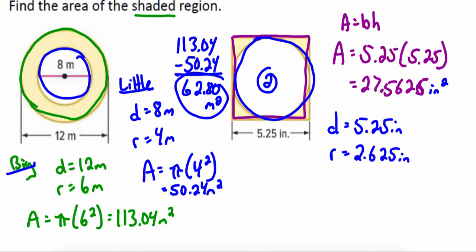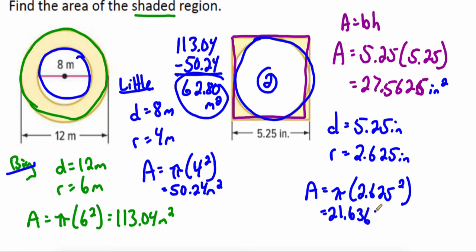Remember, I always force you to write those down, so you always make sure you know which measurements you have and which ones you don't. To find the area, we do pi times the radius, 2.625 squared. 3.14 times 2.625 squared is 21.636. I'm going to round it off to 6 here for me.